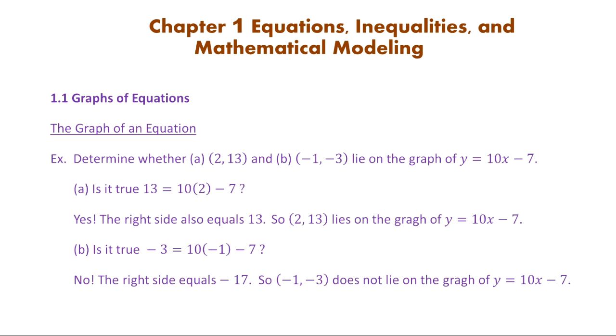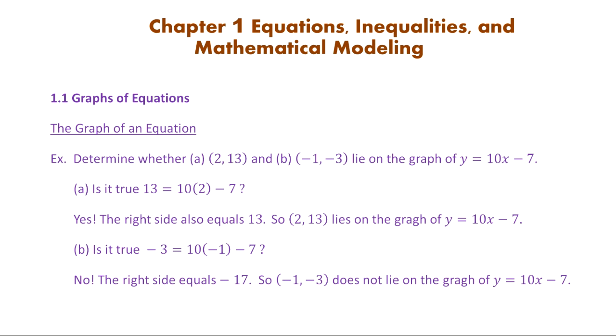All right. So let's just talk about the graph of an equation to start. The first example, we want to determine whether 2 points lie on the graph of an equation. Those 2 points are (2, 13) and (-1, -3). And the equation we have is y equals 10x minus 7.